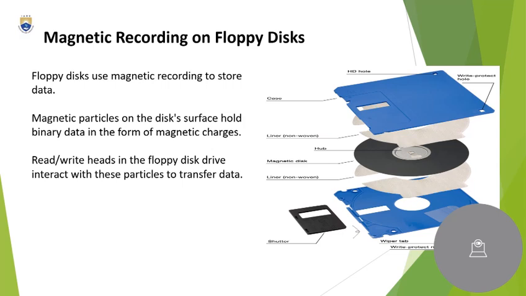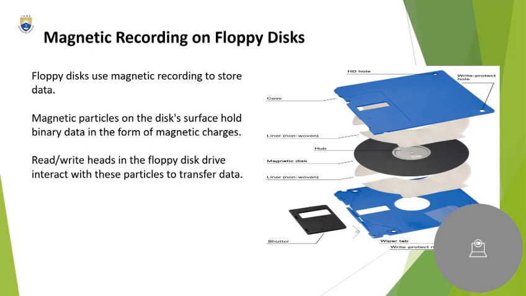The parts are the HD hole and the write protect hole, the case, the liner non-woven, the hub, the magnetic disk, another liner non-woven, and we have the shutter, the wiper, the tab and the write protect. We have these parts in the floppy disks.